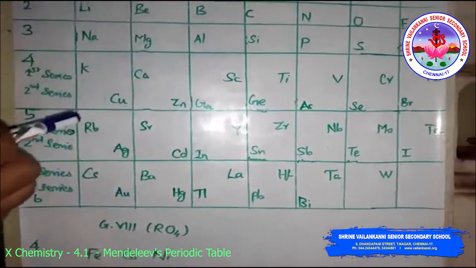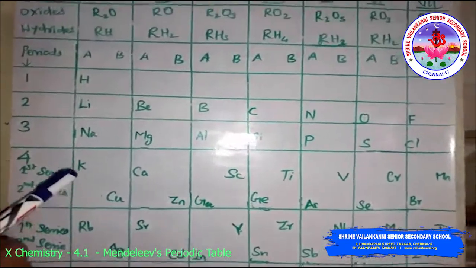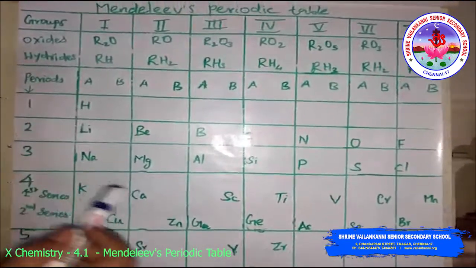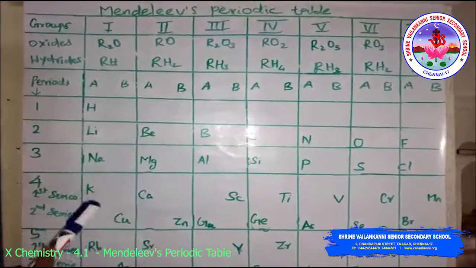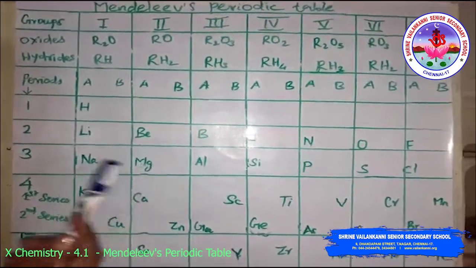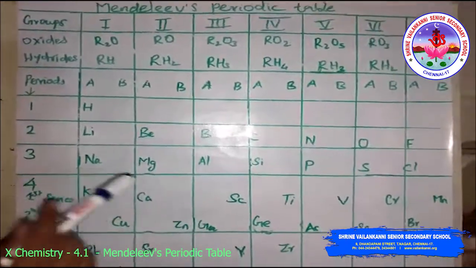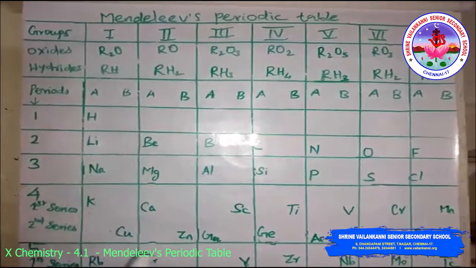Then another achievement of Mendeleev's periodic table: there were a few instances where Mendeleev had to place an element with a slightly greater atomic mass before an element with a slightly lower atomic mass. That means the sequence was inverted so that elements with similar properties could be grouped together.